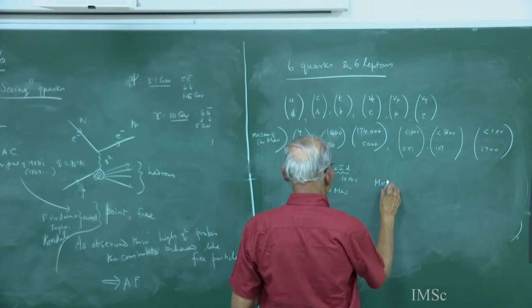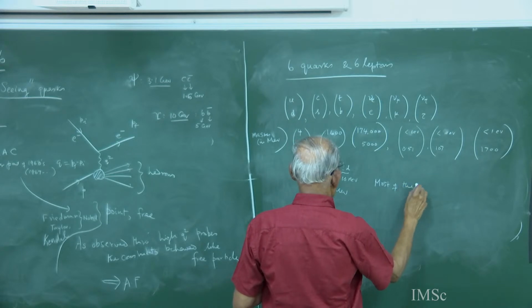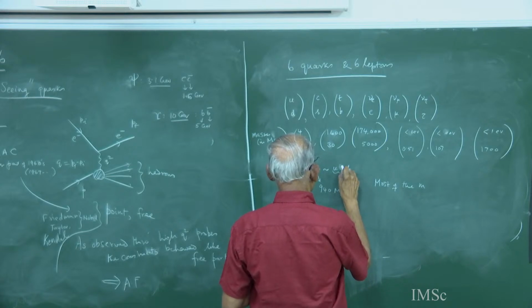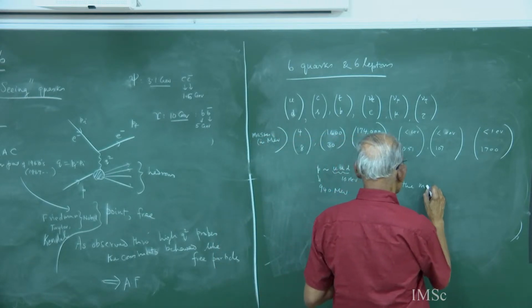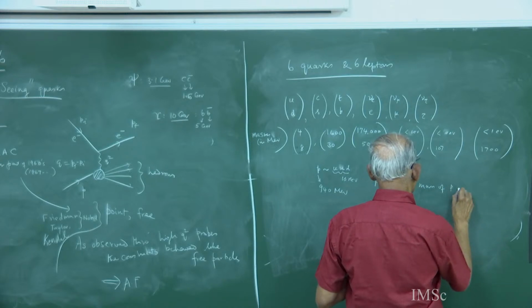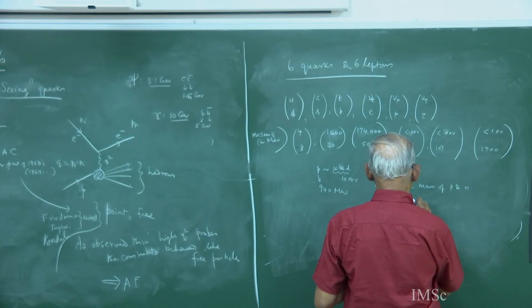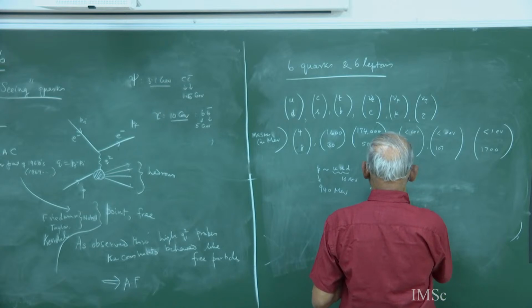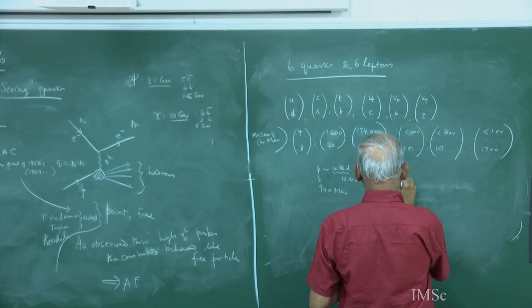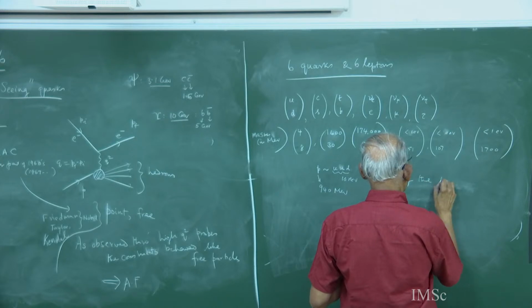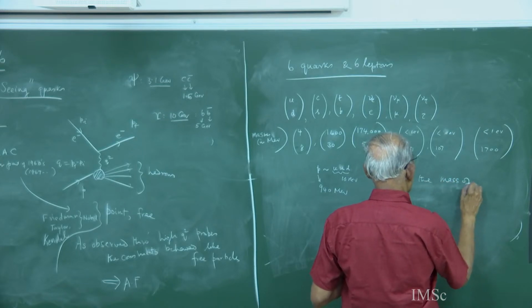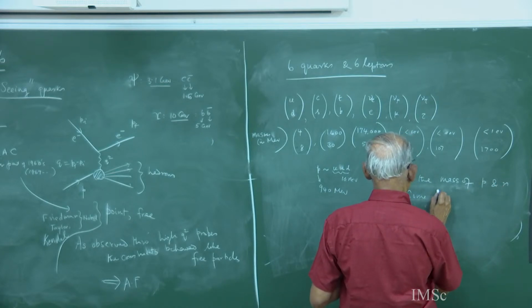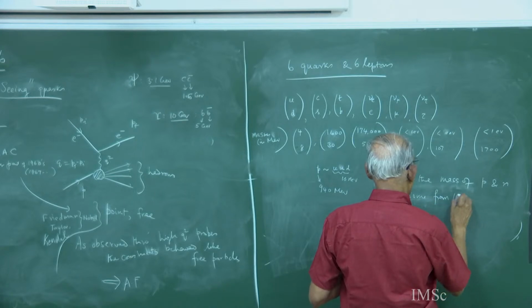Most of the mass of the proton and similarly the neutron comes from the glue field.